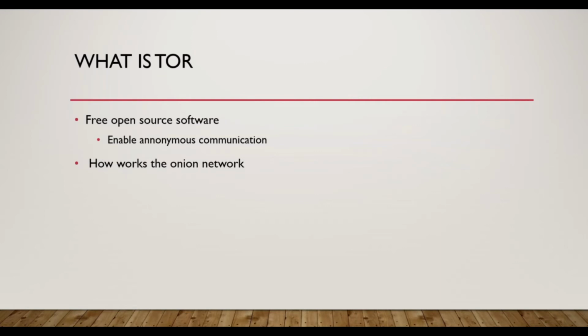Because the request passes through a lot of computers and servers, people who are doing research on the internet are way harder to track than people who use, for example, Chrome or Mozilla or Internet Explorer, or just a simple VPN. So a few questions that people ask is, for example, does Tor hide my IP address?